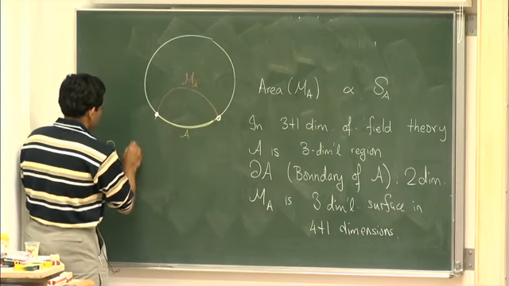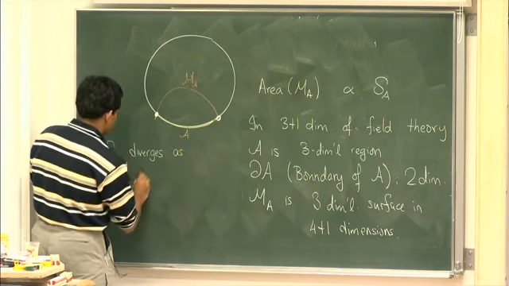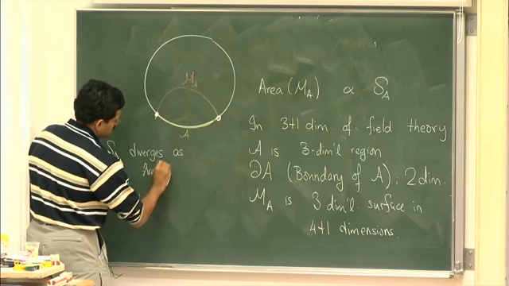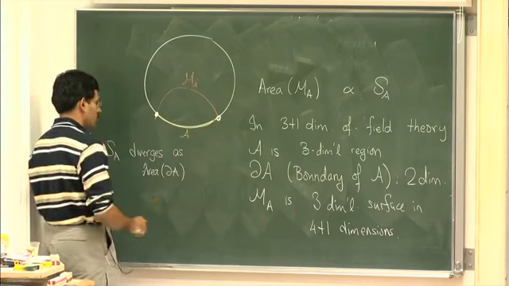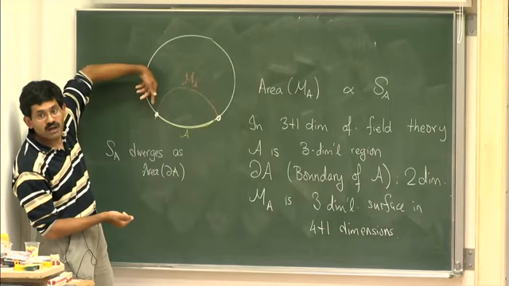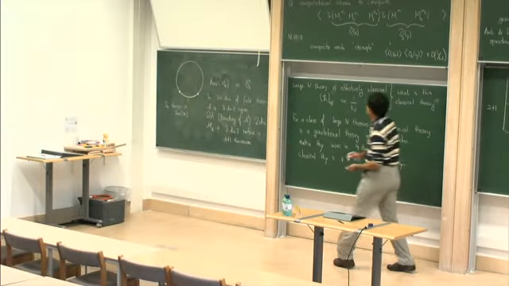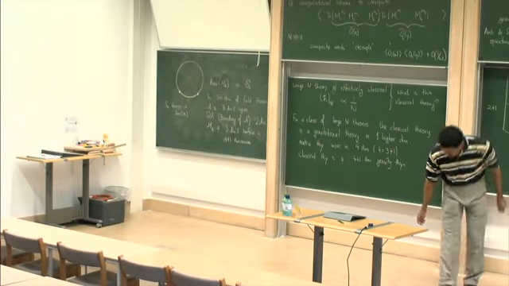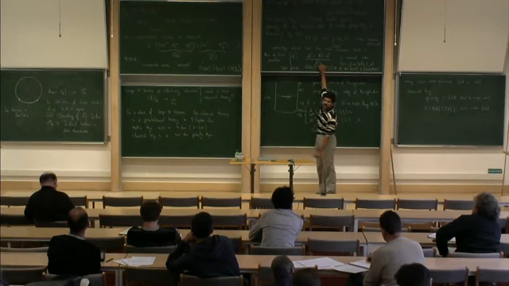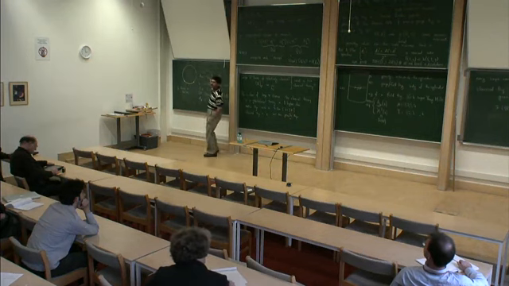So S_A diverges as the area of the boundary of A, and the same happens for the area of M_A, because this surface goes to the boundary of the space-time, it goes to infinity, and because of the lengths in this geometry becoming infinite as z goes to 0, you get the same kind of divergence from this area as well.